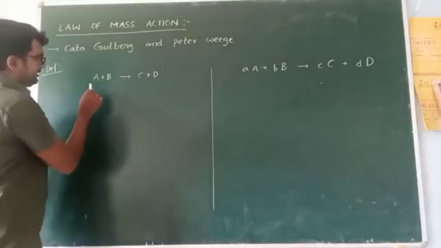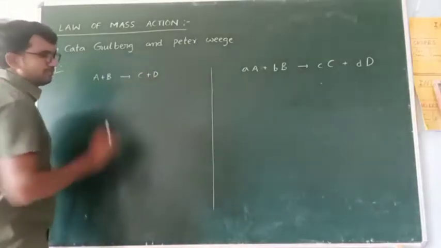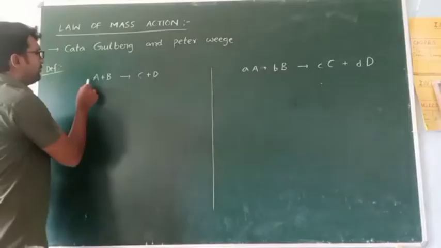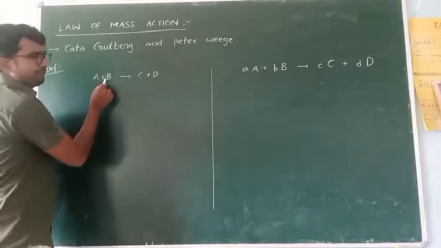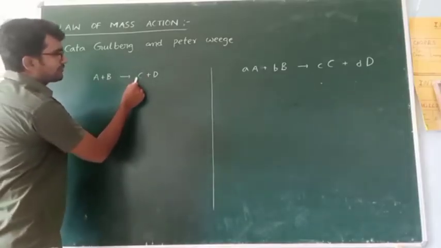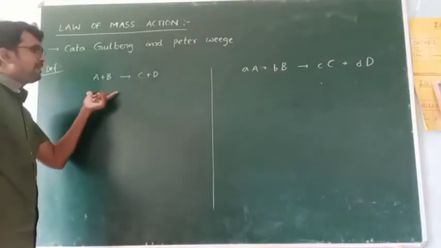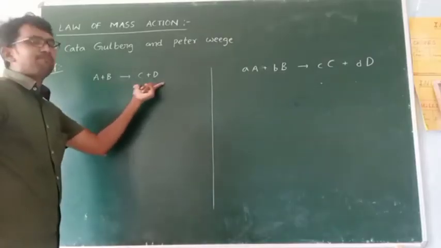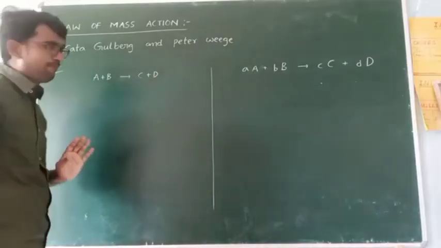In this reaction, A plus B gives rise to C plus D. What are the moles here? 1 mole of A and 1 mole of B give rise to 1 mole of C and 1 mole of D. So A plus B are the reactants, and C plus D are the products.